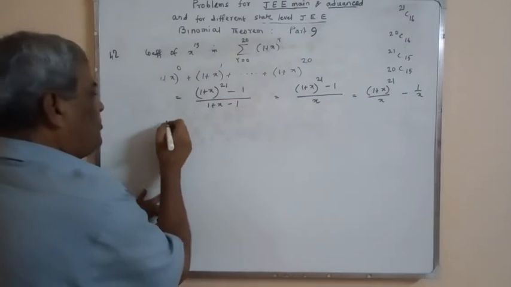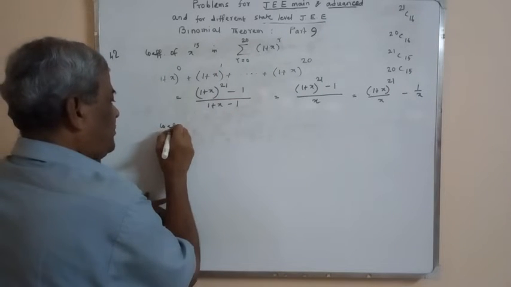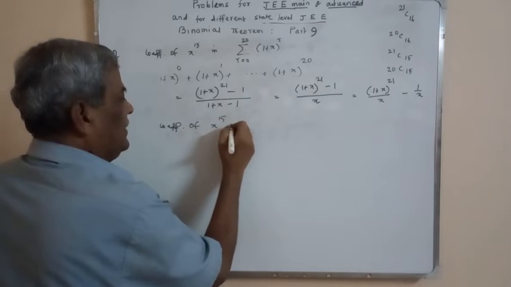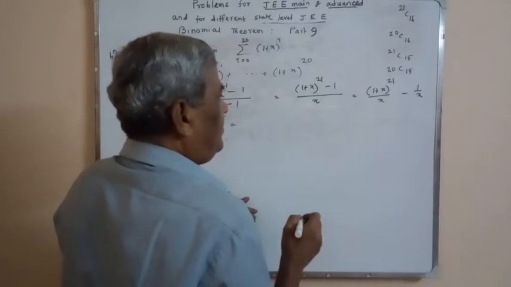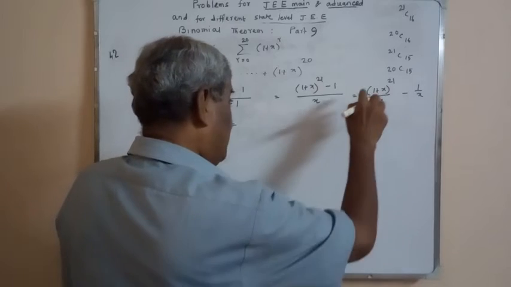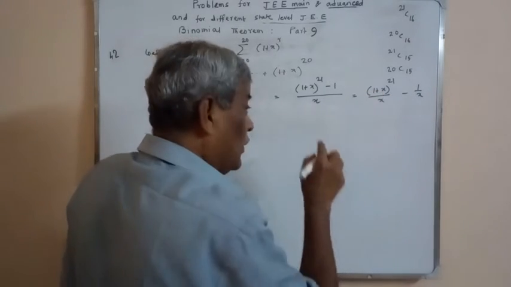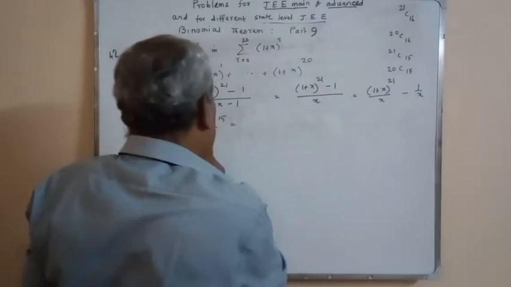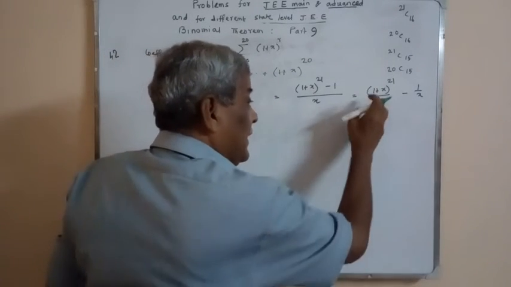So coefficient of x to the power 15 is equal to: in this one, the coefficient of x to the power 16 will give you the coefficient of x to the power 15.